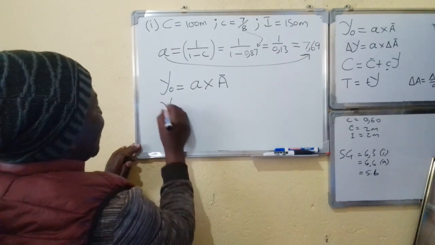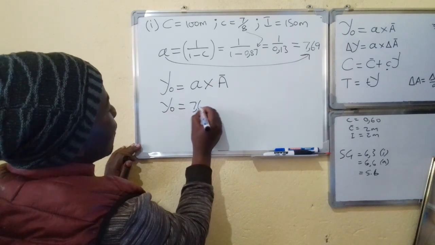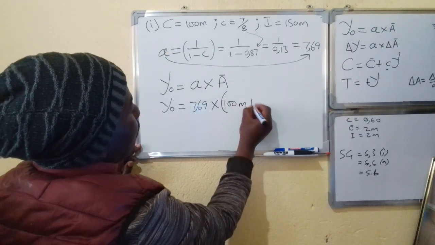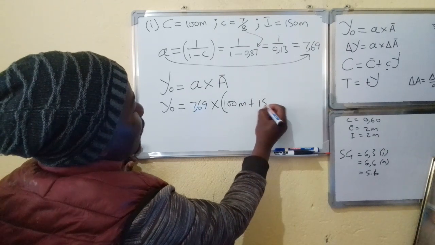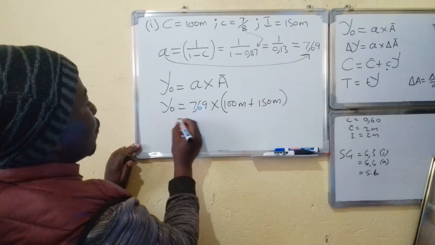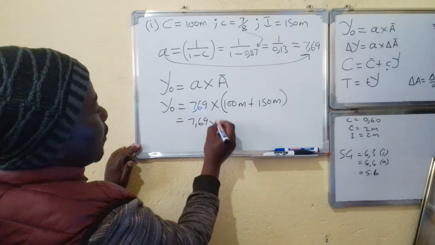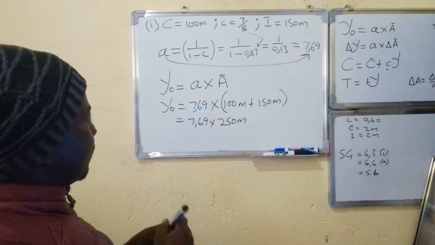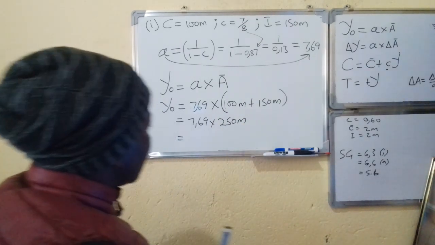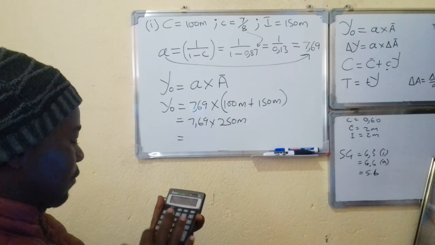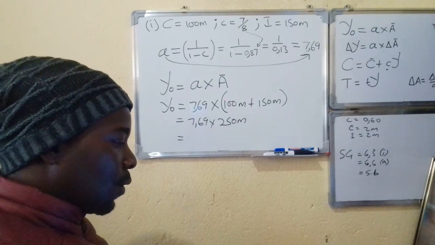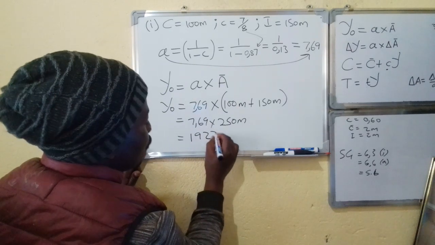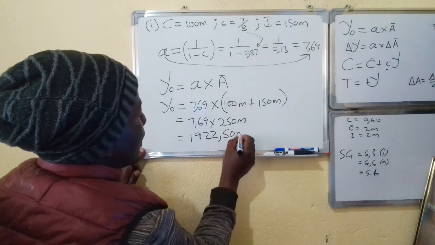So our equilibrium level of income equals 7.69 times 100 million plus 150 million, which equals 7.69 times 250 million, which is 1922.50 million.